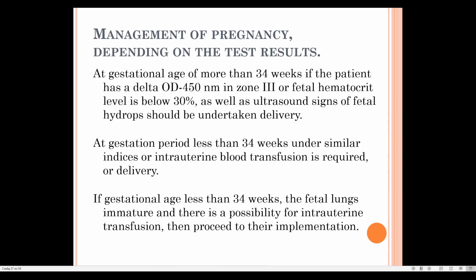At a gestational period less than 34 weeks, under similar indices, intrauterine blood transfusion is required or delivery. If gestational age is less than 34 weeks, the fetal lungs are immature, and there is a possibility for intrauterine transfusion, then proceed to its implementation.